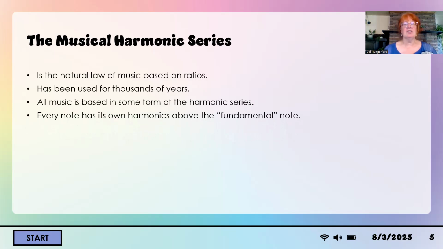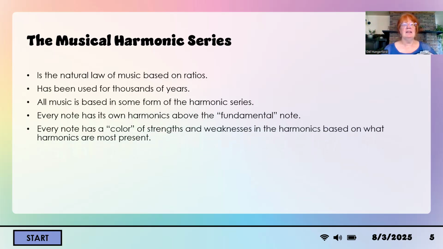Every note has its own harmonics above the fundamental note. The fundamental is the main note that you hear. I mean, if I sing this note, that's the fundamental, but there's all these harmonics above it. So, you know, there's all these other notes that are mixed in with that note. And every note has a color of strengths and weaknesses in the harmonics based on what harmonics are most present.